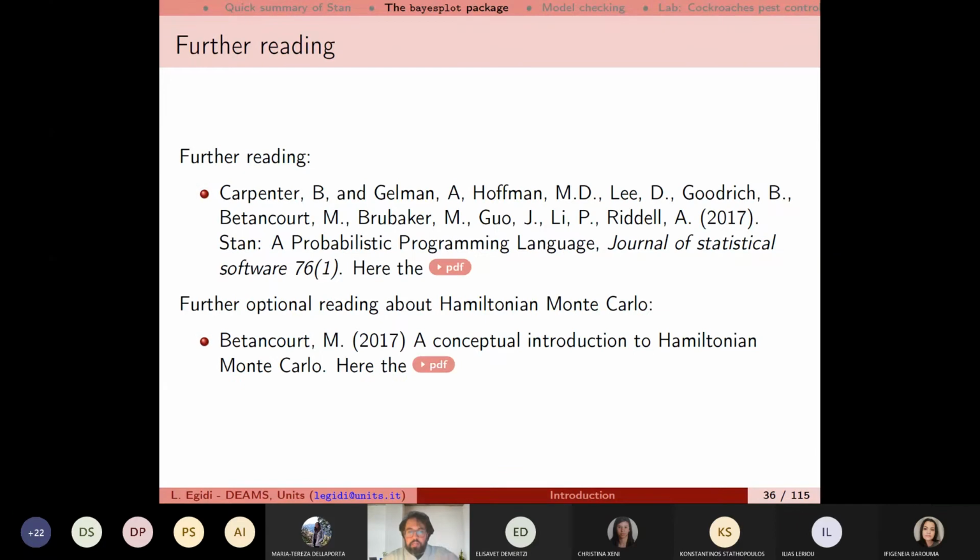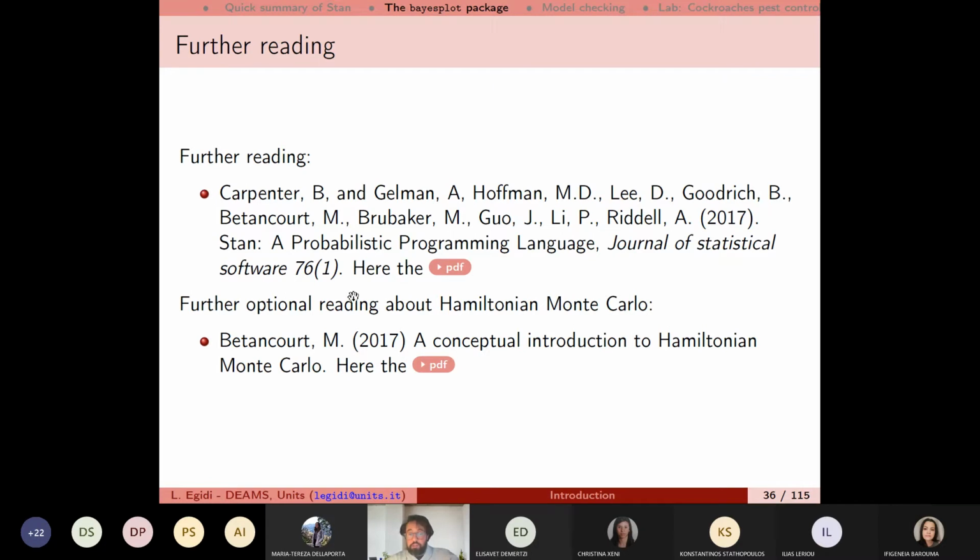I'm putting here some further reading. This lecture today is divided into parts, and this first part is a very quick and rough introduction. For instance, there is the paper by Carpenter, Gelman et al. about Stan, published in the Journal of Statistical Software.